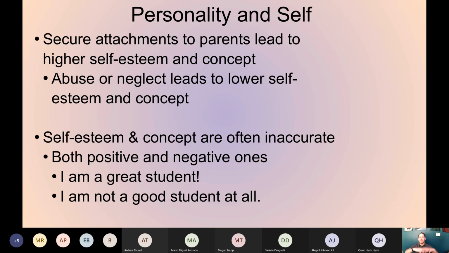So a positive self-esteem, that really general sense of "I like myself" or "I'm happy with myself," as well as self-concept, that domain-specific thing, are both often really inaccurate if you're not getting immediate feedback or really clear feedback from peers, parents, teachers. This goes for adults as well, not just children, but it's definitely something that we see in middle and late childhood. But we see this in adults as well.